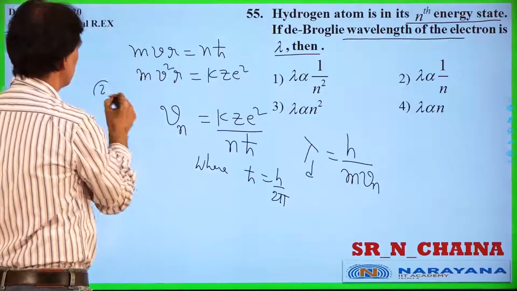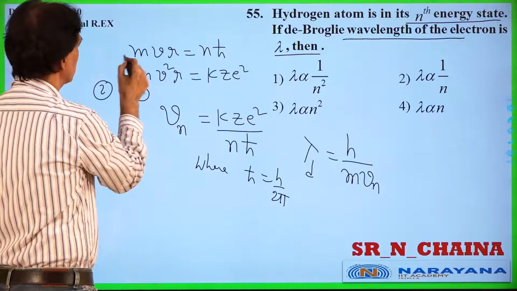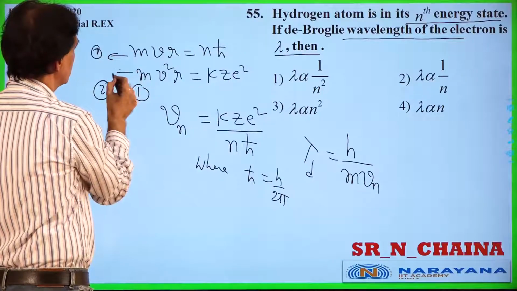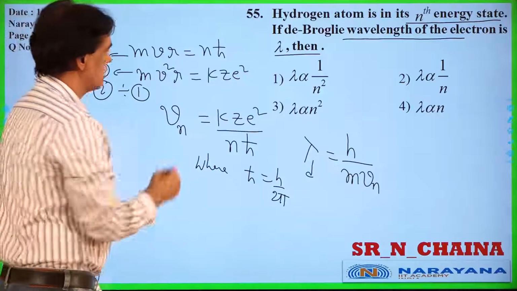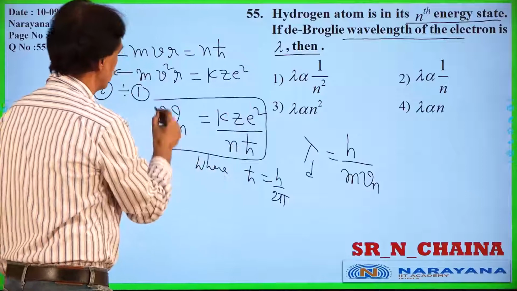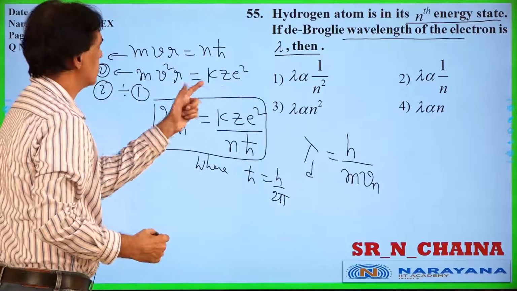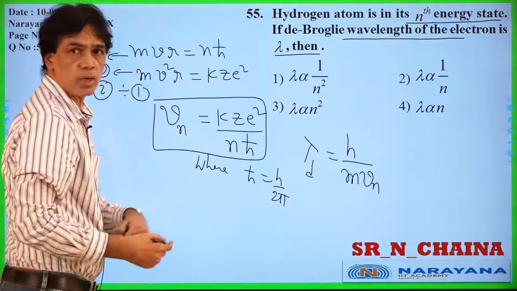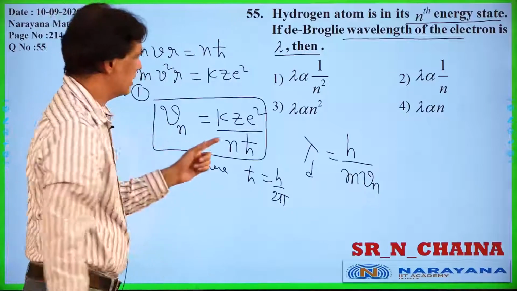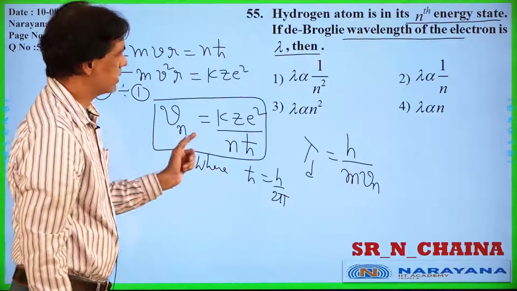So divide equation 2 by equation 1. This is my equation 1 and this is my equation 2. Dividing these two equations, we can directly get this. This is from the first postulate, this is from angular momentum quantization, which is the second postulate. So if I divide those two directly, we get this one.